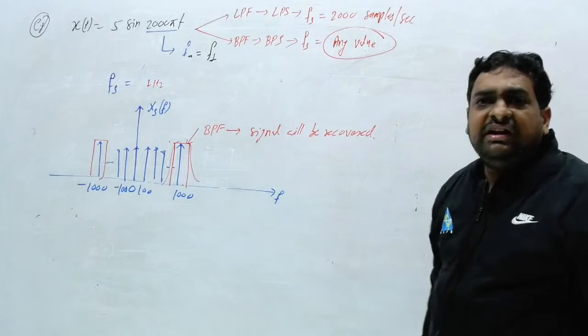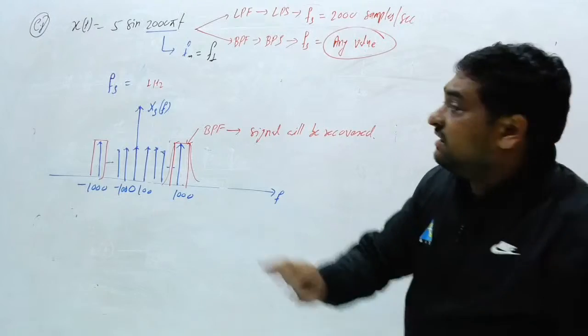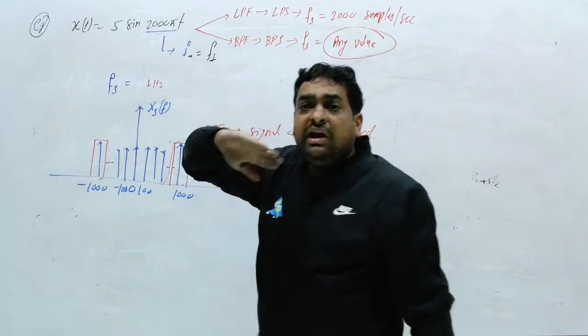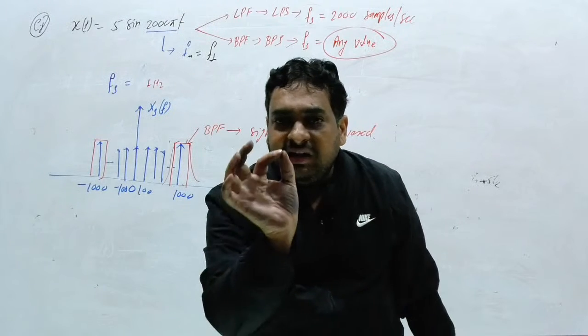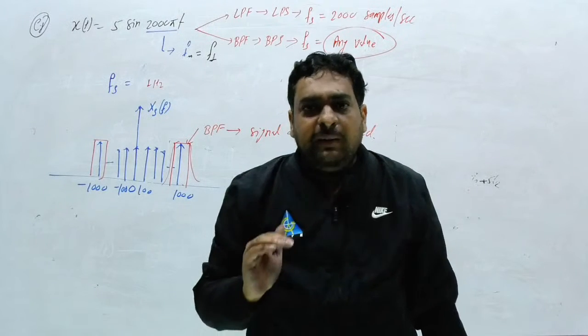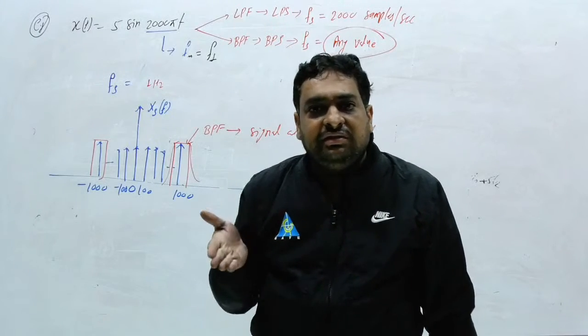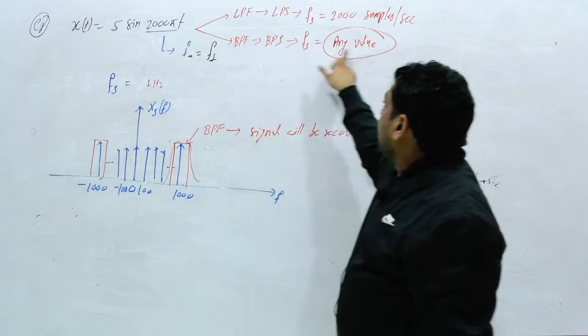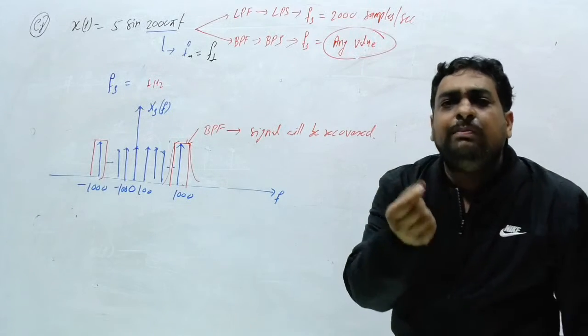Again, reconstruction of the signal is possible, but this holds only for the sinusoid, where the Fourier transform is a single impulse. If for any signal the Fourier transform is an impulse, then the sampling frequency can be anything, but at least you have to assume some minimum quantity.